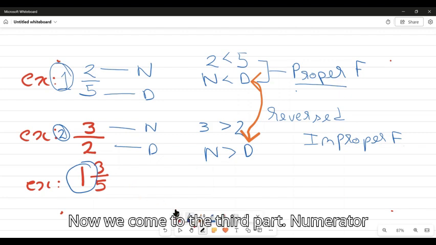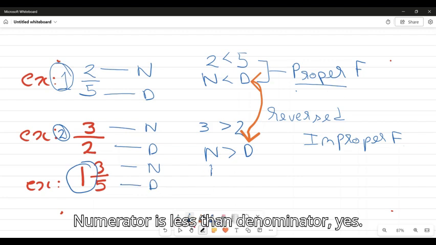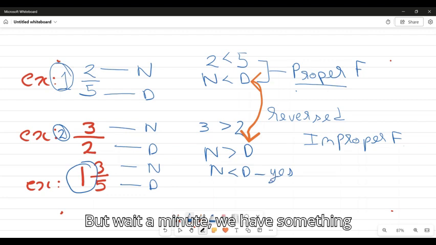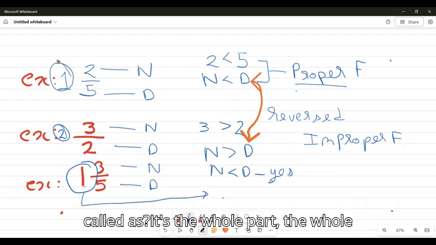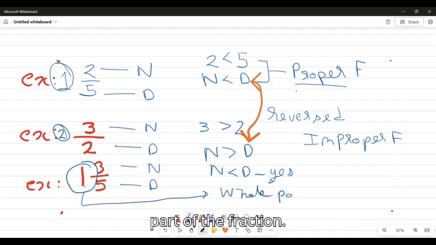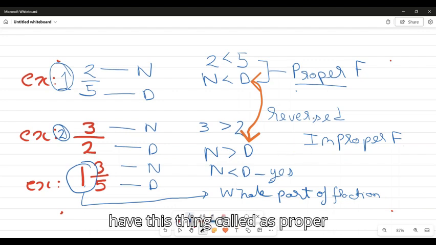Now we come to the third part. Numerator is there, yes. Denominator is there, yes. Numerator is less than denominator, yes. But wait a minute, we have something extra. What is this extra part called? It's the whole part of the fraction. So it's called something different now, because we have this thing called proper fraction.